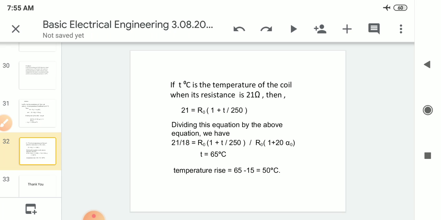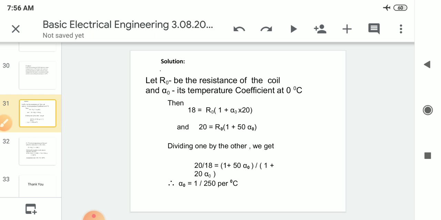If T degrees centigrade is the temperature of the coil when its resistance is increased to 21 ohms, then 21 is equal to R0 into 1 plus alpha T. Here alpha they have given as 1 by 250. So divide this equation by the above equation, what are we getting?